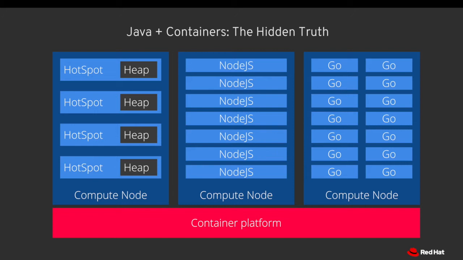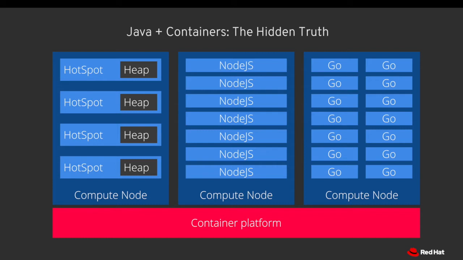So Java with container technology is not good enough to meet the developer and IT operations team requirement. That's the reason why Node.js and Go give a higher density on the same worker node in the Kubernetes cluster. So let's take a look at that.